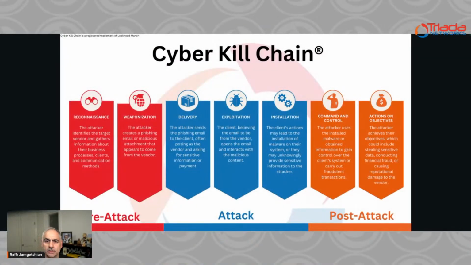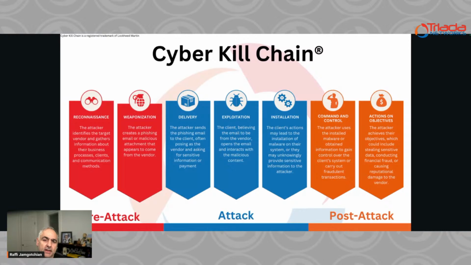I'm going to show my screen here, and this is how we've taken the concept of business email compromise and mapped it to the cyber kill chain. The cyber kill chain has 7 stages. Within those 7 stages, there are 3 major parts.